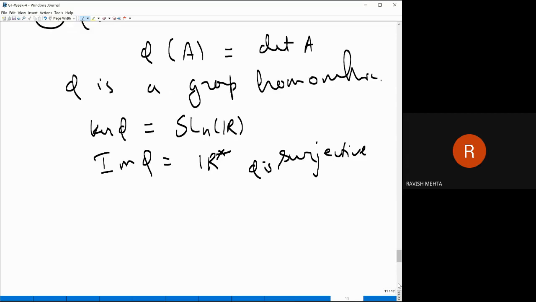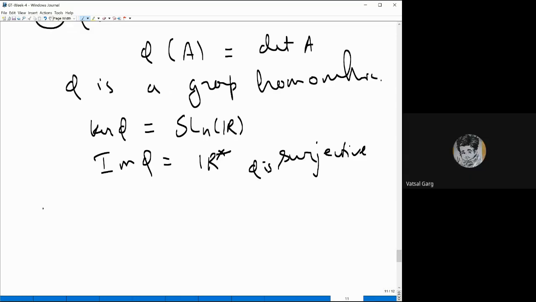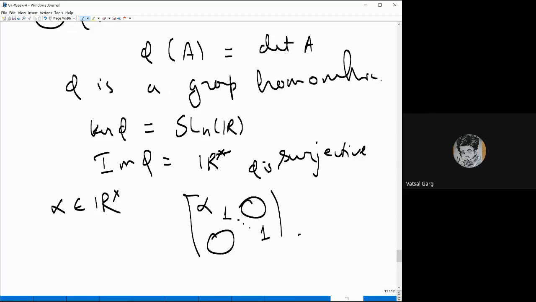Now its determinant will be equal to that real number. So you need to give an explicit matrix whose determinant is a particular real number. How do you do that? We can take the first row and first column entry to be that real number, and then take all the other diagonal entries to be one. That is the simplest example. This will work.